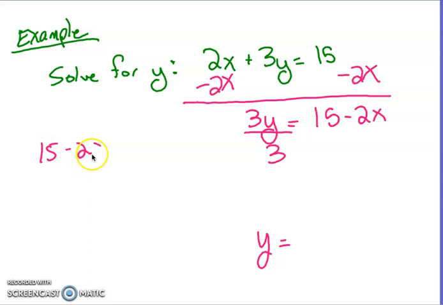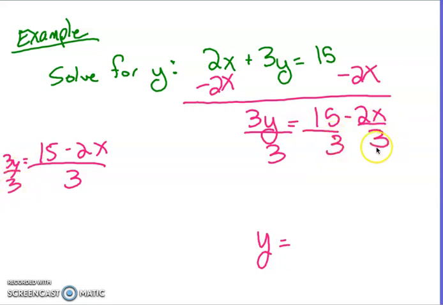15 minus 2x. You could divide by 3 on both sides, like that. But I recommend that you divide individually. The reason is because if something can reduce, like this one can reduce, then you need to reduce it. Now, if that wasn't 15, let's just say that was a 14.